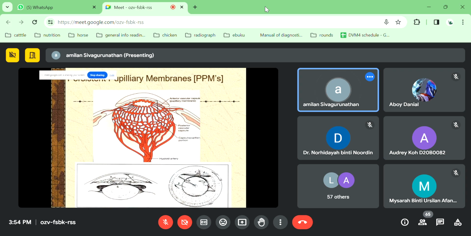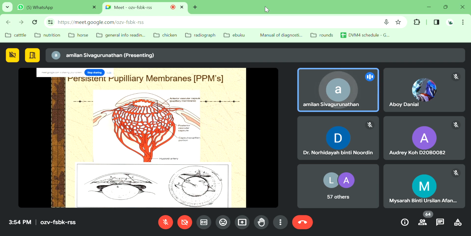So earlier on, I mentioned the persistent pupillary membranes. During fetal development, there's a vascular network established on the anterior surface of the lens. So this is the lens here. And originating from the iris, it's part of the mesodermal arcade, or part of the mesodermal differentiation.